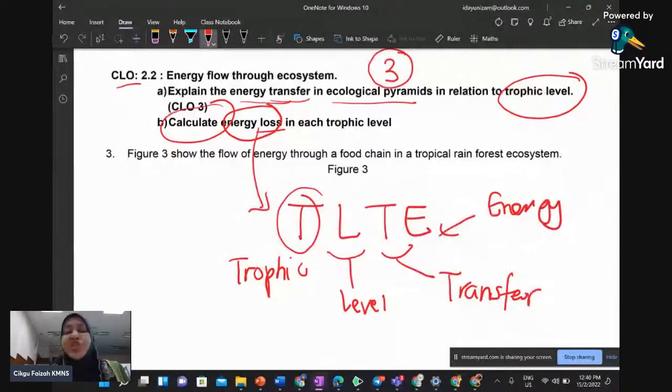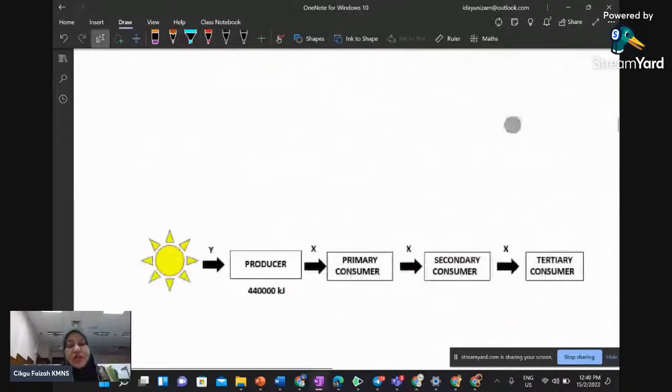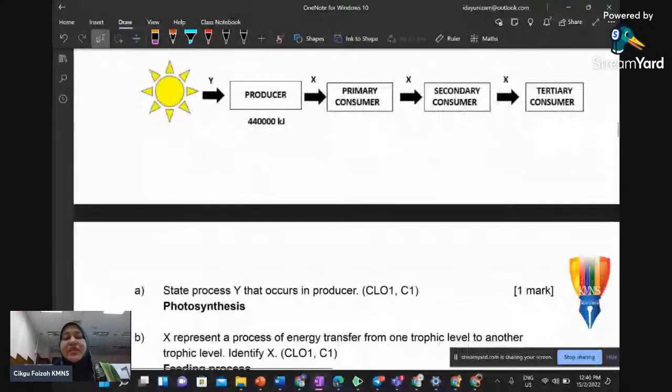Right, so how to calculate that? So jom kita tengok soalan tutorial. Okay, so basically from the question given here, ini cikgu rasa kamu familiar. Okay, given producer ada 440,000 kilojoule tenaga. Right, 440,000 kilojoule tenaga. So this one is on page 3, kelas, our tutorial book.